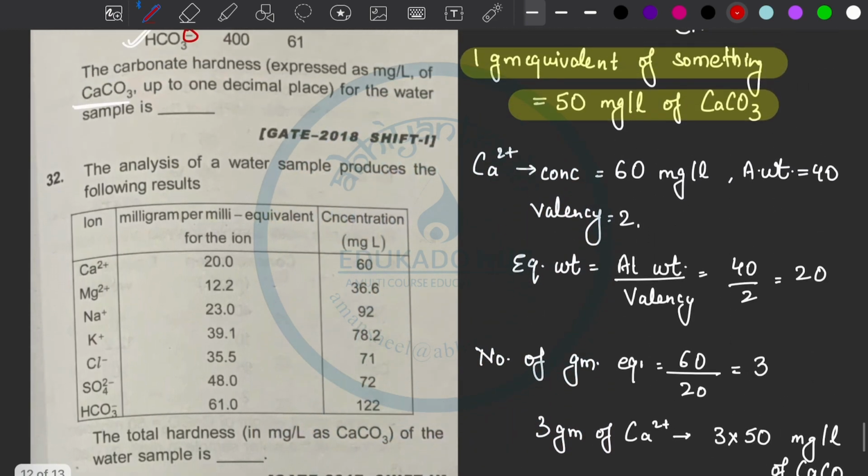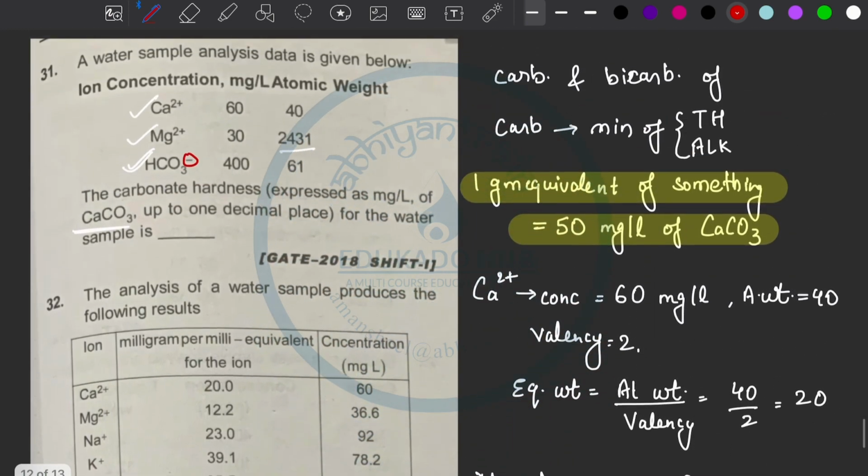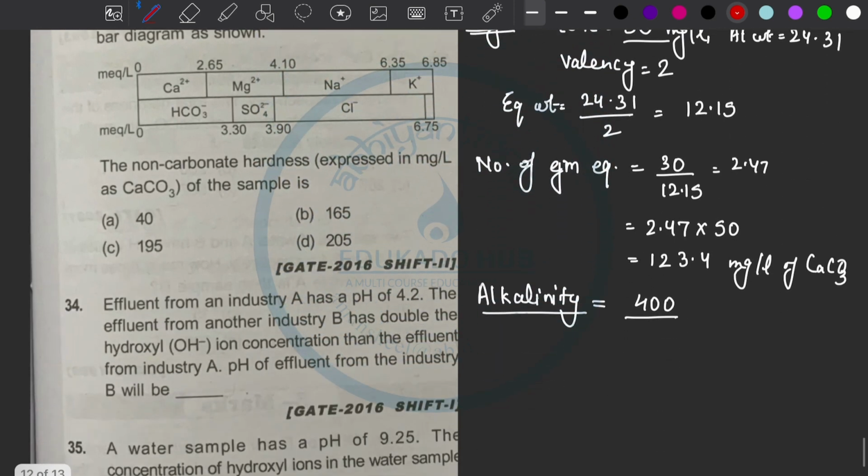The concentration, that is 400 milligram per liter, we can divide by its atomic weight, that is H plus C plus 3 oxygens, that becomes 61. And we need to convert to 50 as for CaCO3, so it becomes 327.88 milligram per liter of CaCO3.